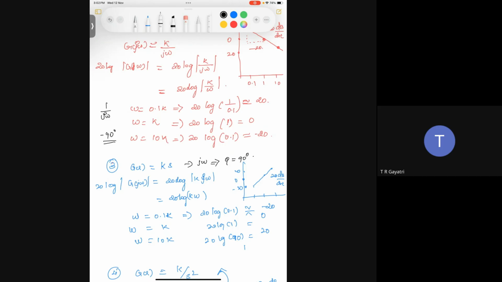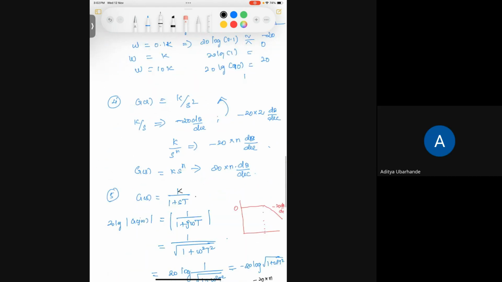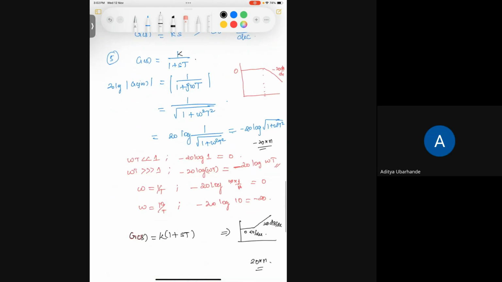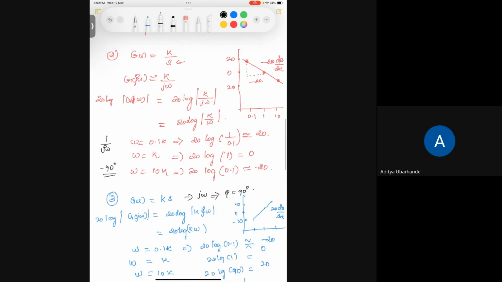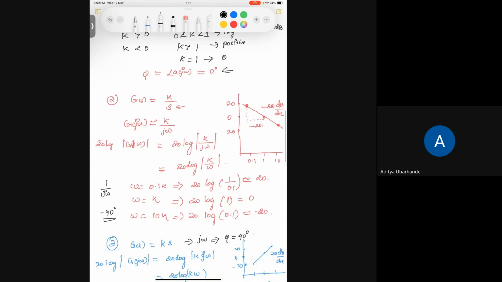Ma'am, can you please explain that phase thing once again? See, for only integrator, our transfer function will be like this, right? 1 by j omega. So if you want to take the phase, we have only omega at the origin, then it will be pointing on the imaginary axis.